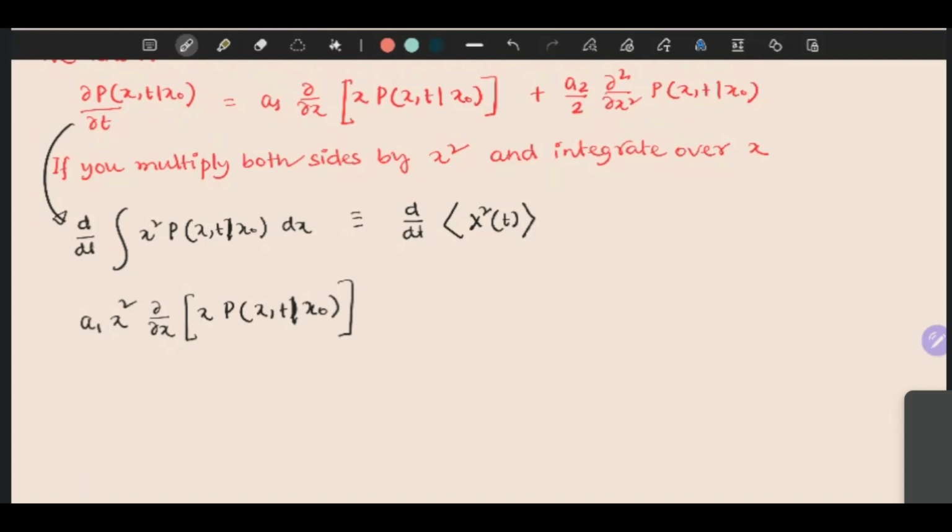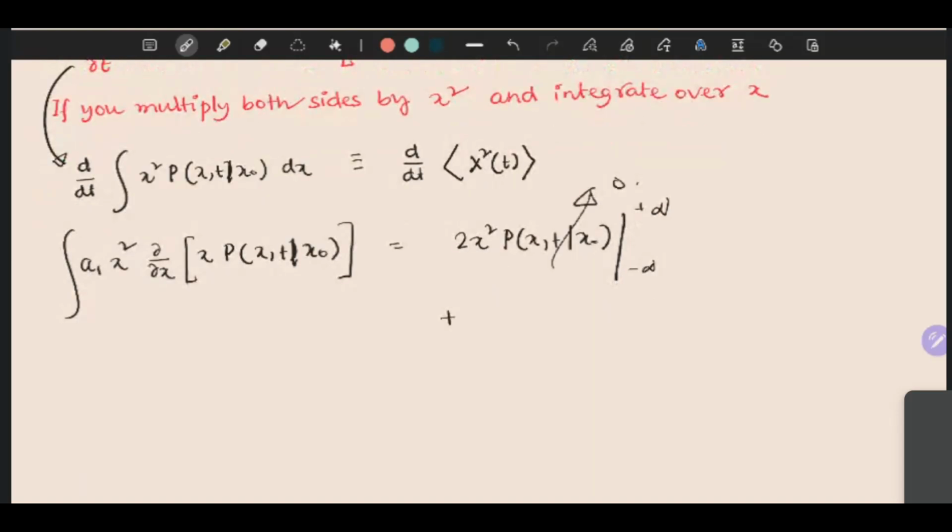If you take the integration, this is 2x square pxt x naught from minus infinity to plus infinity, so this blows off to 0, plus, sorry, minus a1 into 2x square p xt x naught.